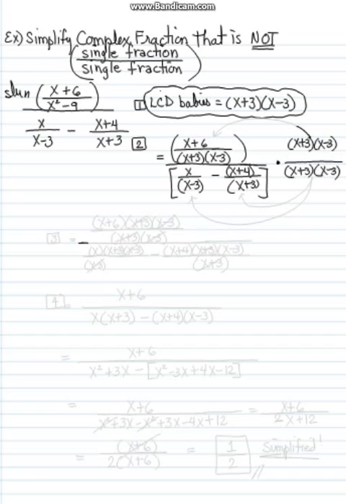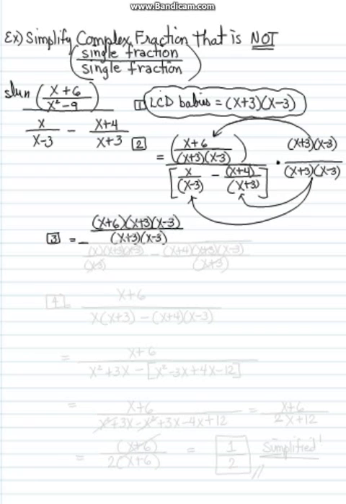Okay, let's distribute the multiplication across the top and across the bottom. Across the top, and there are two terms separated by that minus sign across the bottom. Now let's simplify this. On the top we have our original x plus 6, now we have times x plus 3 times x minus 3 over the original x plus 3 times x minus 3. Now just hold on. Do you see where that came from?